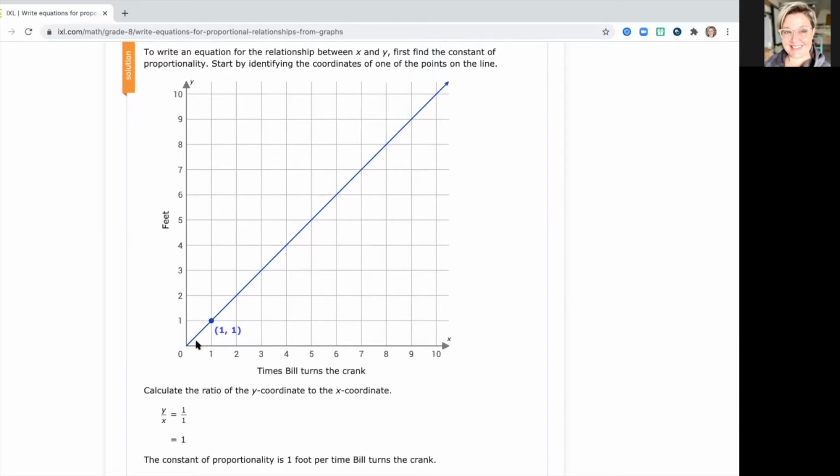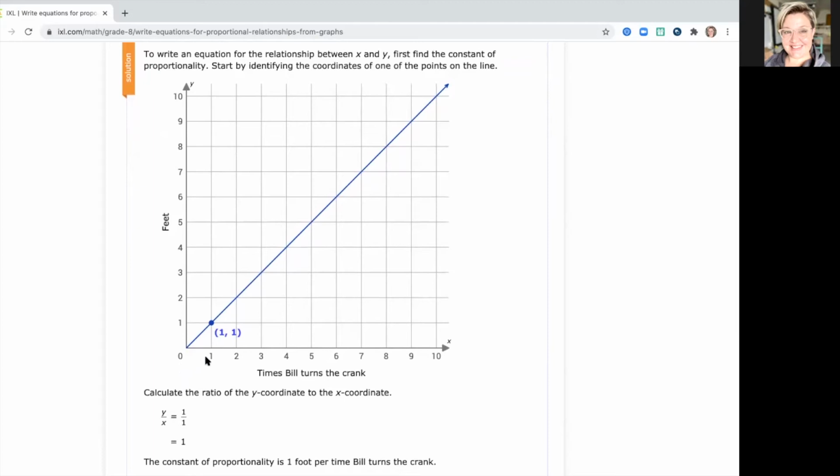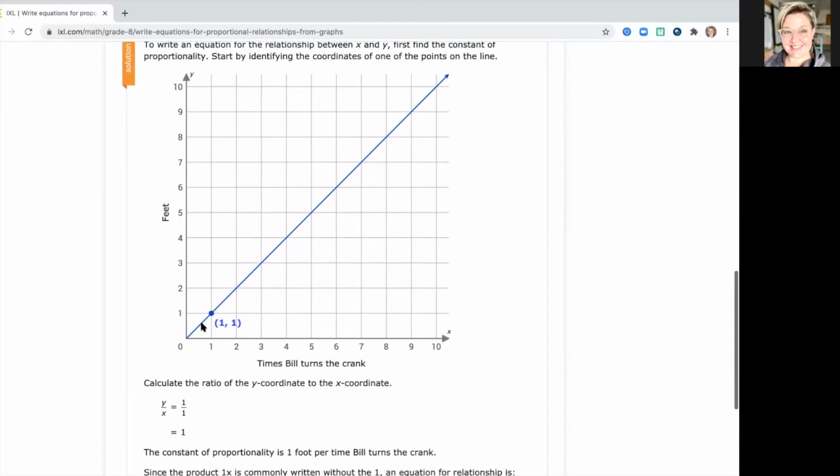Just like we've been doing, we go to the one time Bill turns the crank, and we go up to see where our graph of the proportional relationship intersects the 1 from the x-axis. And right now it's the 1 from the y-axis. So for every 1 time Bill turns the crank, it lifts 1 foot off the ground.